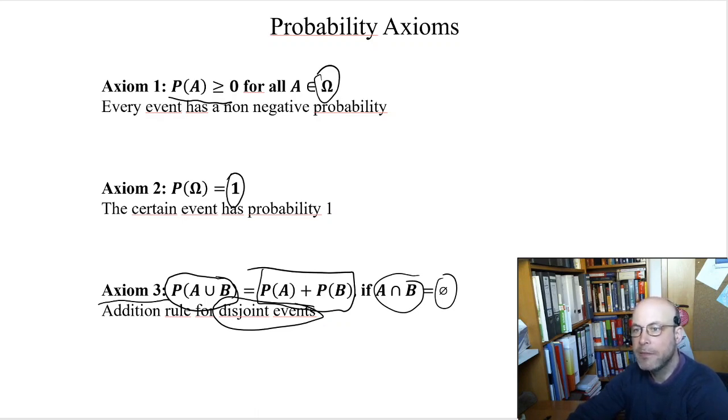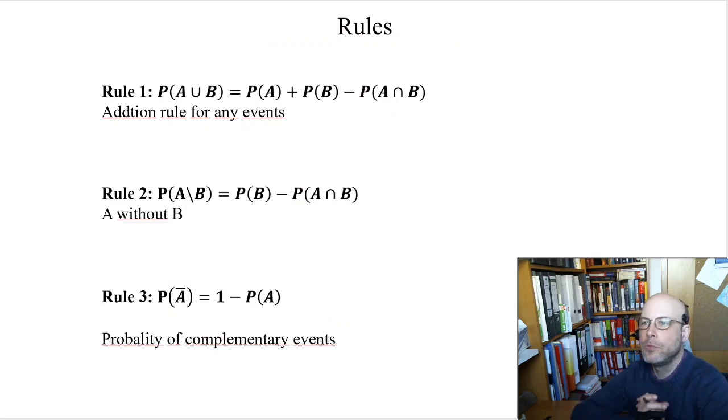Okay, and if we take these axioms, then we can derive from these axioms some rules for how we can calculate all these probabilities.